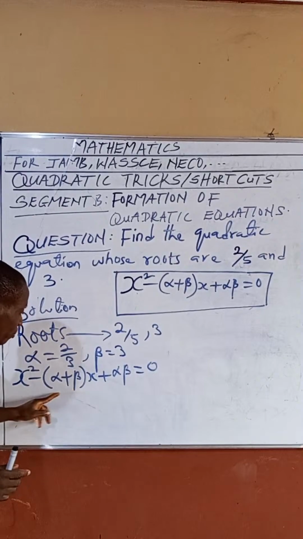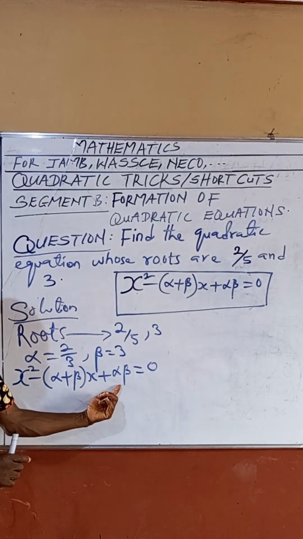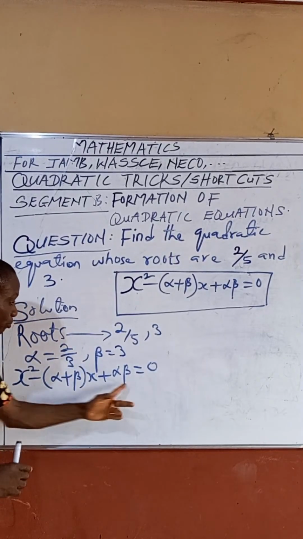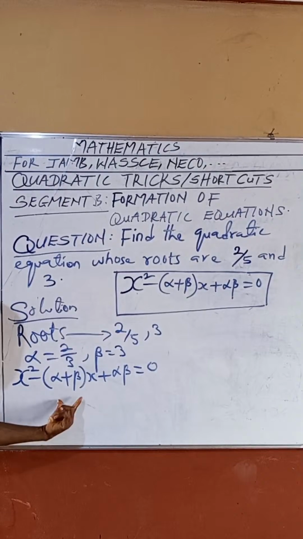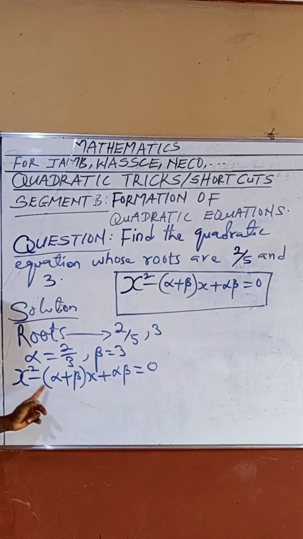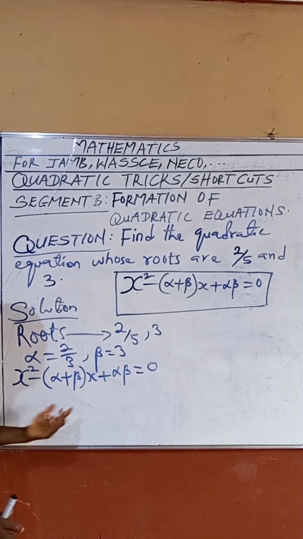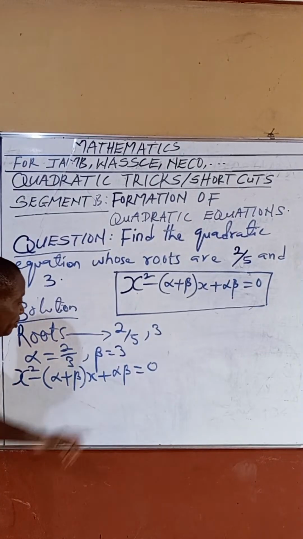Just know that this is the sum and this is the product. But here we have minus. Don't forget this minus. It's compulsory when you're writing this. I will tell you how we derive this towards the end of the class, if time permits.